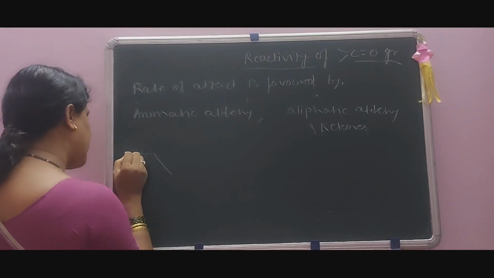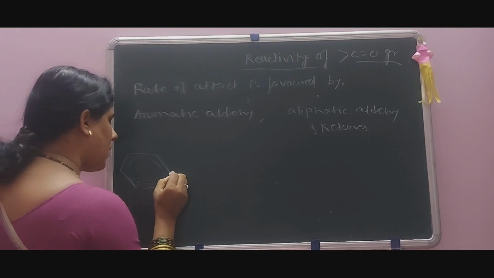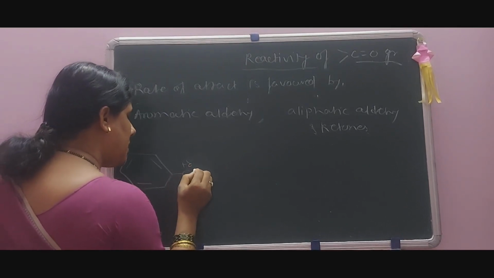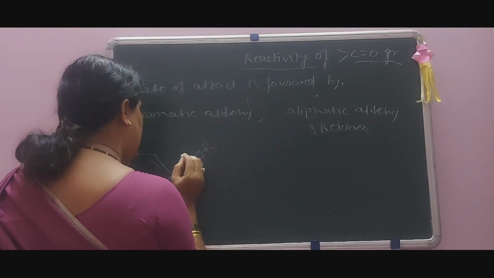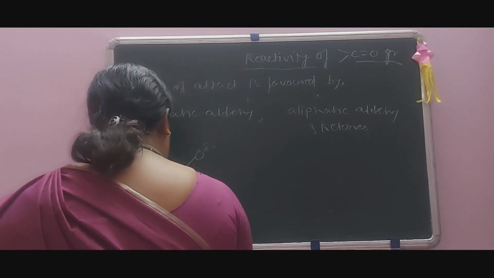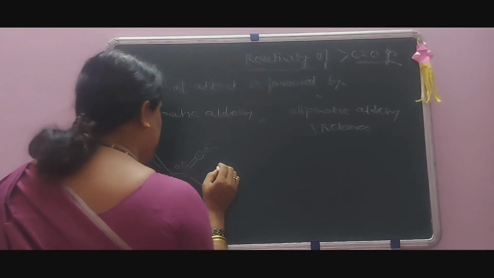See here, the last point: C plus delta, O delta minus. Now here C, O minus. This is delta plus here.